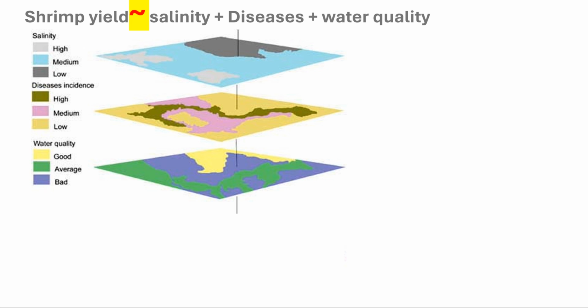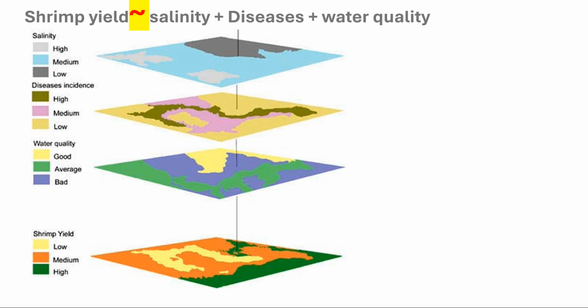So these are the three factors on a layer in a GIS that we can relate to see how these factors are affecting the shrimp yield. We would see that the majority of the farm has a medium yield of shrimp, because the majority is orange color, which is medium. But we can now examine the areas that have high shrimp yield, like the greenish areas here.